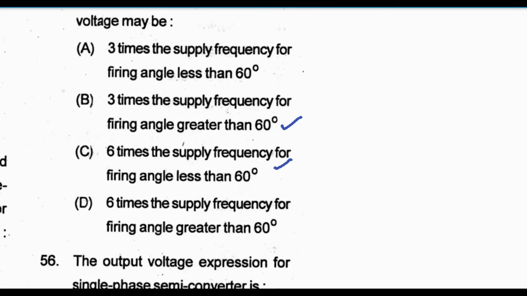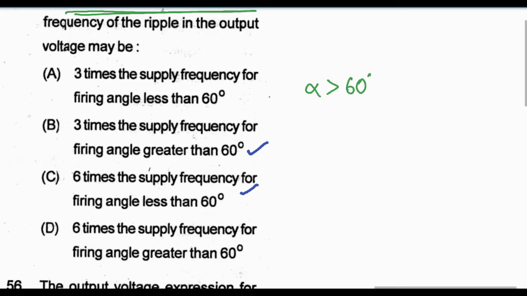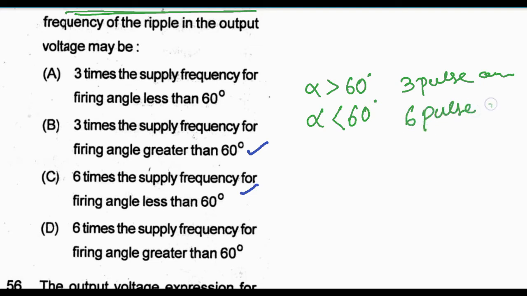When firing angle alpha is greater than 60 degree, it acts as a 3 pulse converter. And in case of alpha smaller than 60 degree, it acts as a 6 pulse converter.